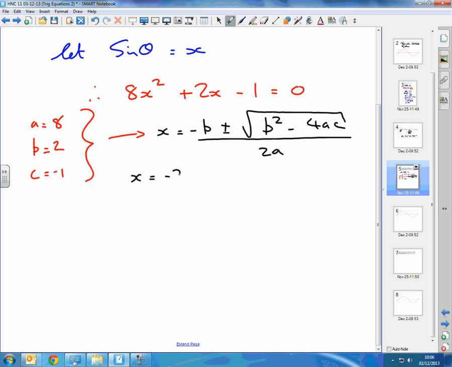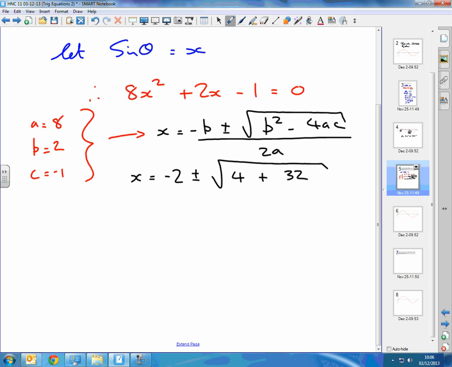So putting those values into this quadratic formula to get x equals minus b, so it's minus 2 plus or minus the square root of b squared, which is 4, minus 4 times a times c. But if we look at c, c is negative, so minus times a minus will give us a positive. So we end up with plus 4 times a, 4 times 8 is 32, times c is 1.